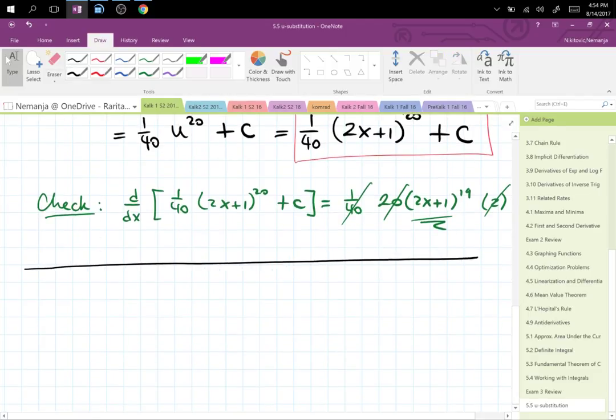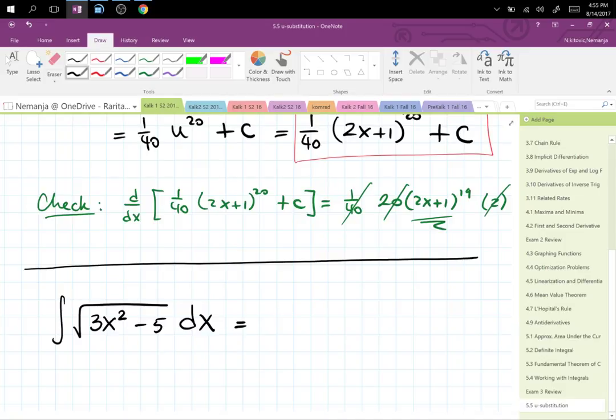Let's say you're supposed to integrate x times the square root of 3x squared minus 5 dx. Again, you say, I know how to integrate root x.